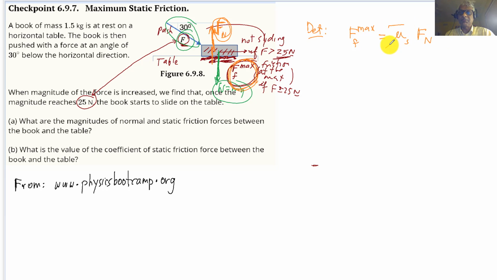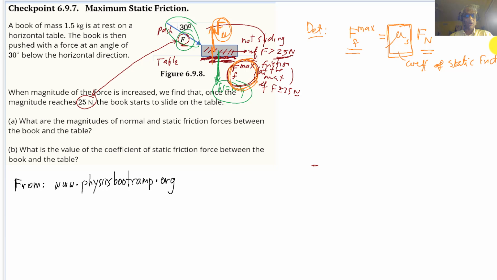So whatever the max friction possible is can be written as a proportion of the normal force, and that proportional constant is the coefficient of static friction. This much you have to know before you do this problem.